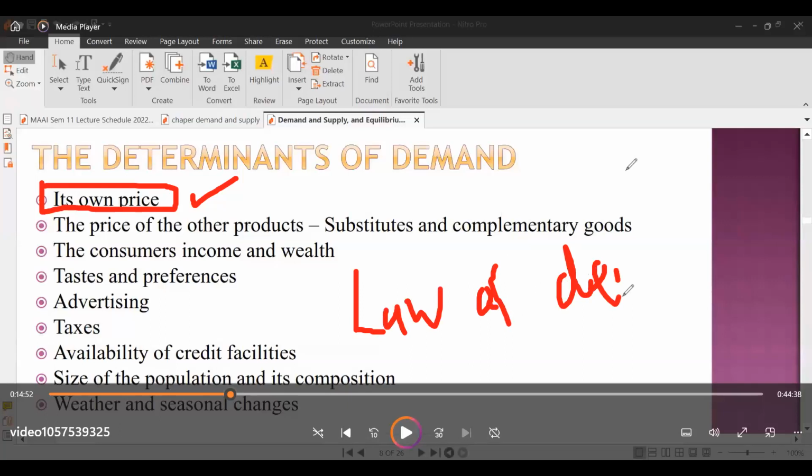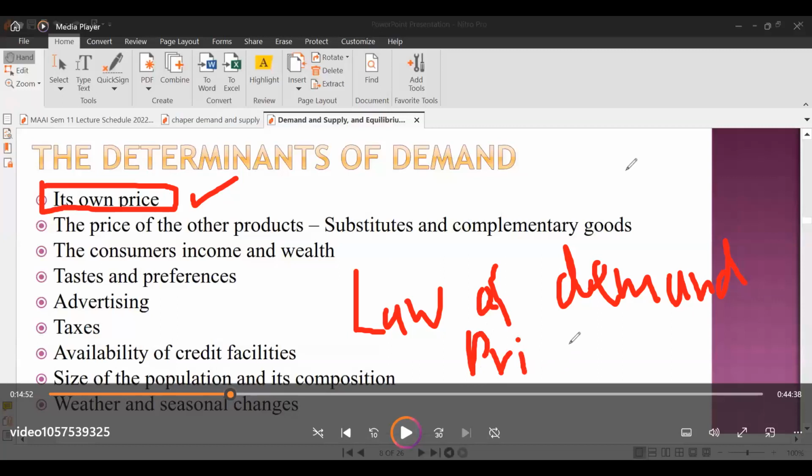The law of demand means that even though a large number of factors impact the determination of demand, here we examine the relationship between only the price of the commodity and the demand.